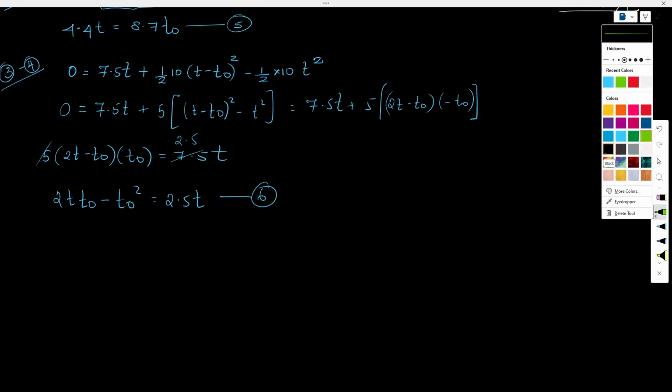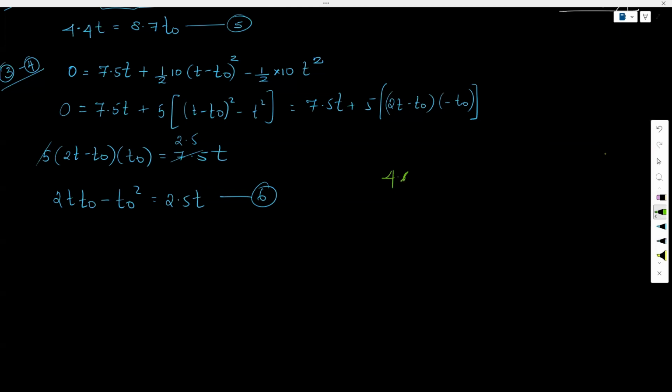So I'm going to consider the fifth one, which is 4.4t equals 8.7t naught. I'm going to simplify it a little bit. I'm going to find what t is, right? So it is going to be 8.7 divided by 4.4, which is 1.977.